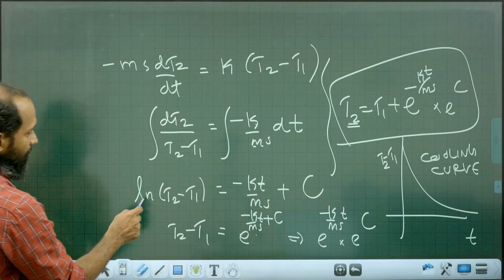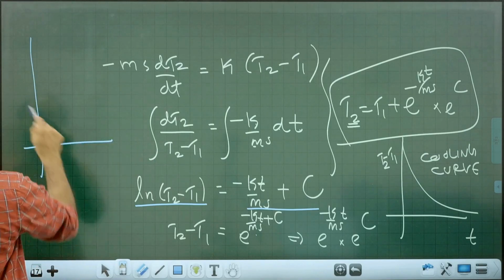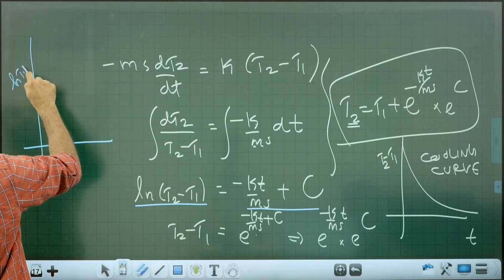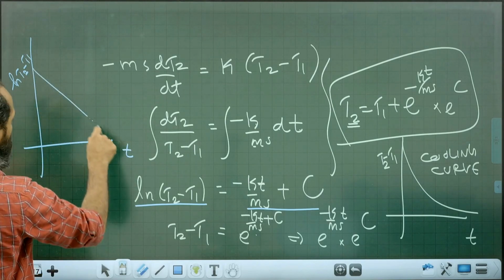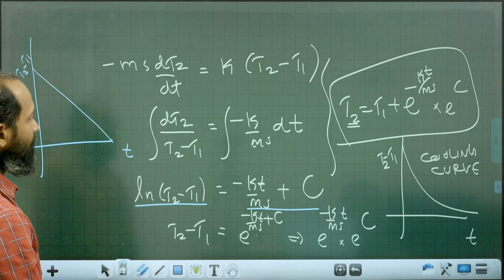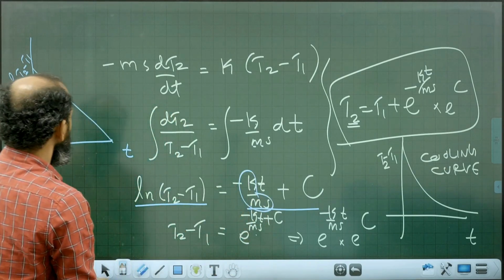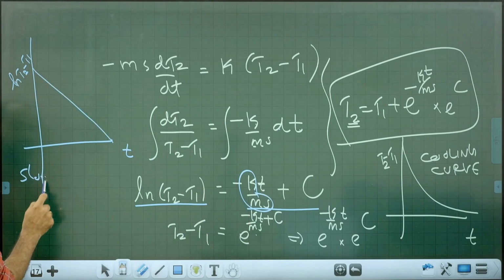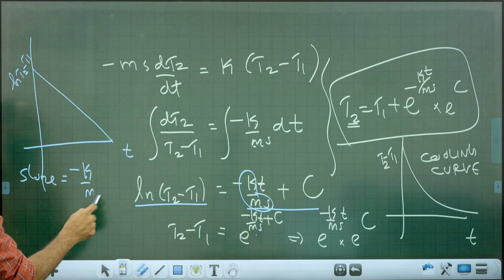Now, log of T2 minus T1 on the y-axis and t on the x-axis, you get a straight line with negative slope, whose slope is equal to minus K by ms.